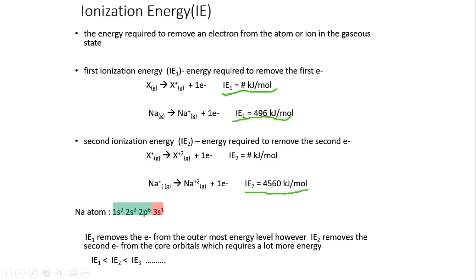When you go from outer electrons to inner electrons, you're going to see a big increase in the ionization energy. Wherever you see that jump from small to big, that tells you that you've gone from outer to inner electrons. The more electrons you remove, the more energy it takes. However many electrons there are is how many ionization energies you can have. Now we're only going to be focused on the first ionization energy trends.